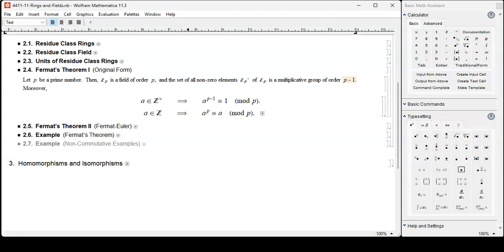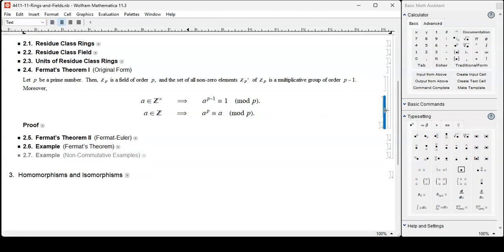We discussed it way back in lesson 3 when we started discussing the cyclic subgroups. Anyway, it's an ancient story. So the cyclic subgroup generated by this a has a certain order, and that order must divide p minus 1, the order of this large group. So a to the p minus 1 power is going to be 1.